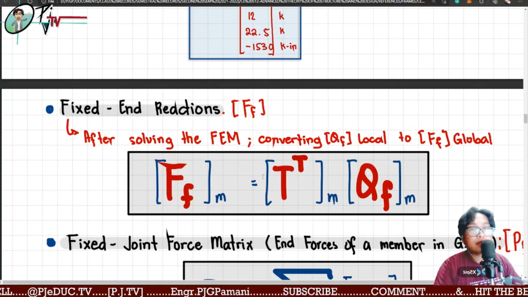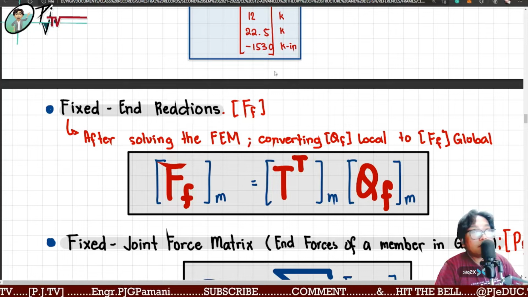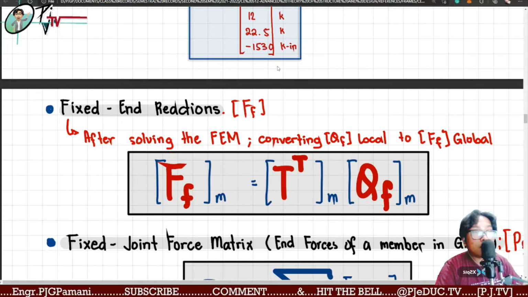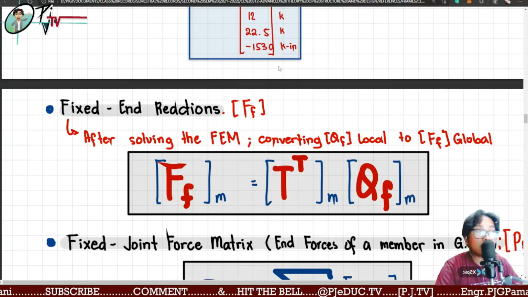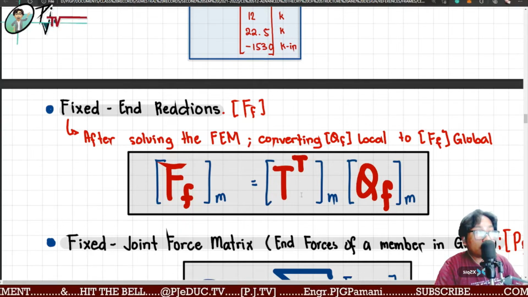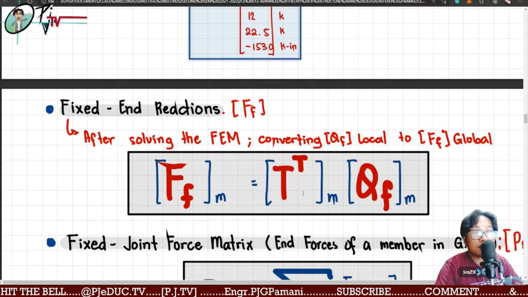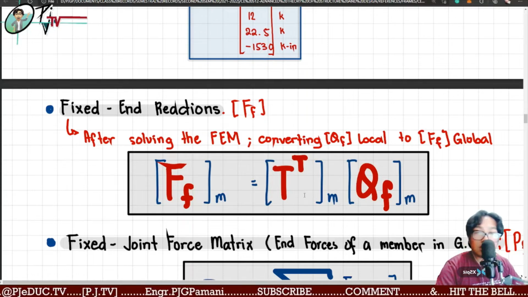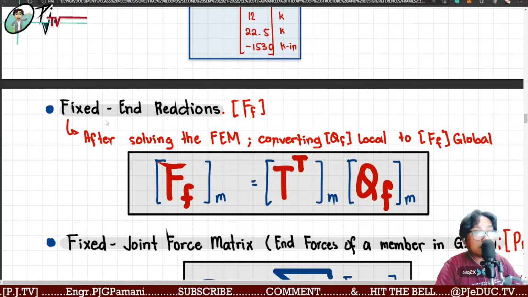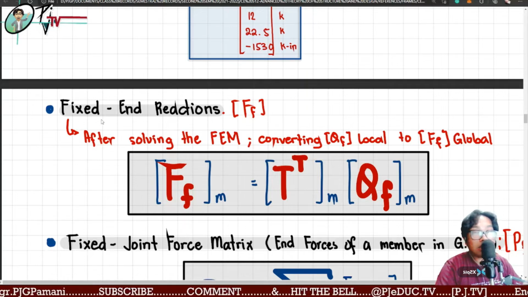How do we do that? Converting the fixed end moments and reactions of a member from local coordinate system to global coordinate system is simply multiplying it to the transpose transformation matrix of such member. So this time, we will now be solving for the fixed end reaction.